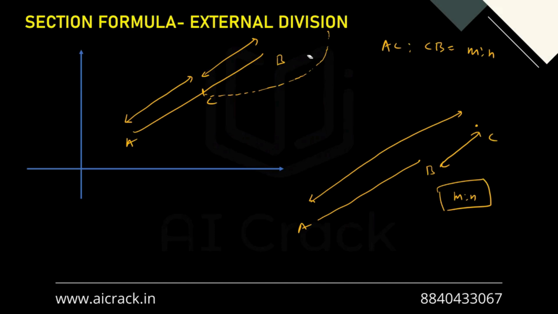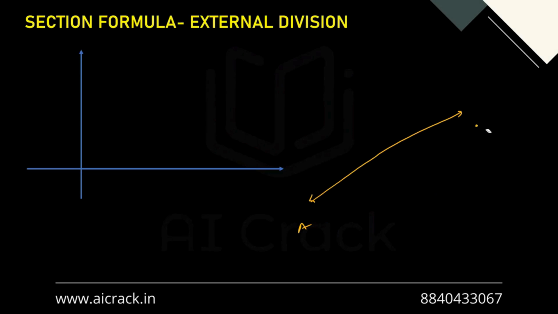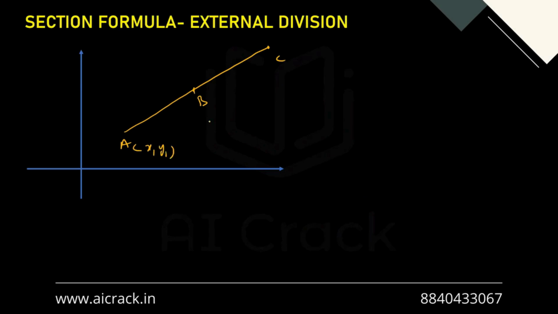So now let's try to derive the formula. It looks very counterintuitive, but this is how it is. AC is to BC. So we have this A, and let's say B is over here and C is over here. Now this is x1, y1, this is x2, y2, and this is x, y.